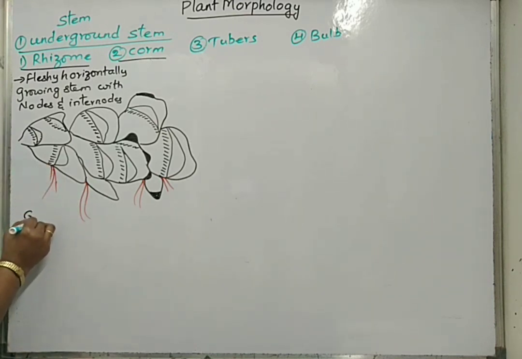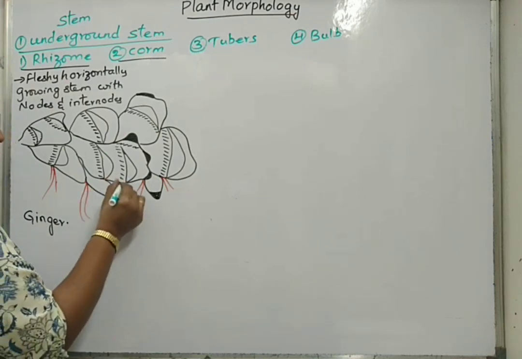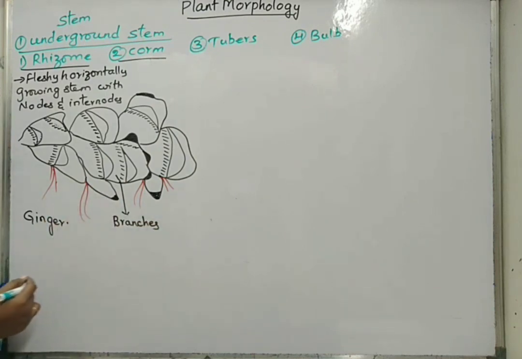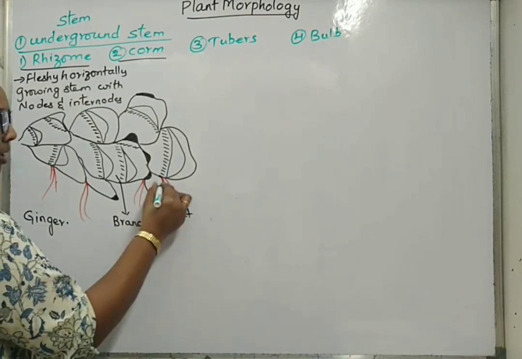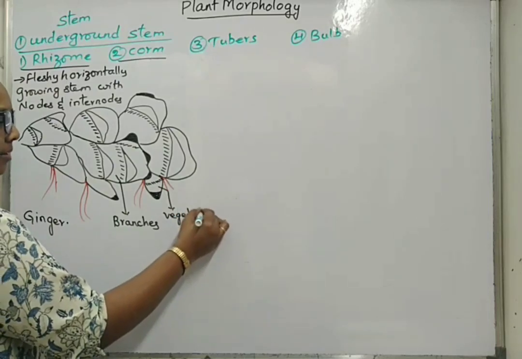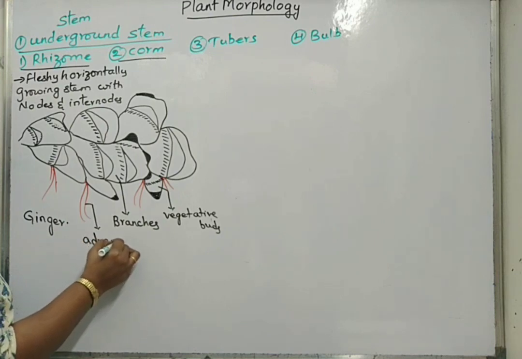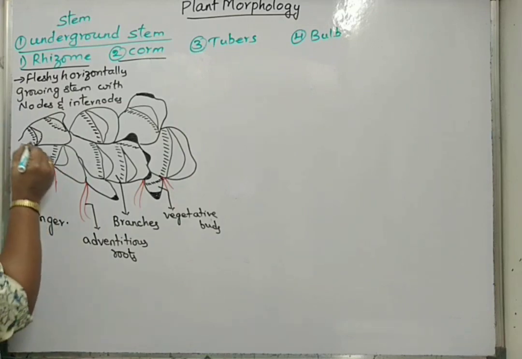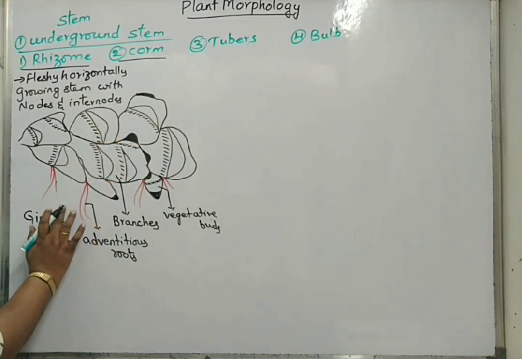So this is rhizome ginger. We can say these structures as branches. Stem itself is modified into branches. These will be vegetative buds, the smaller ones. These are adventitious roots. So branches complete a rhizome.